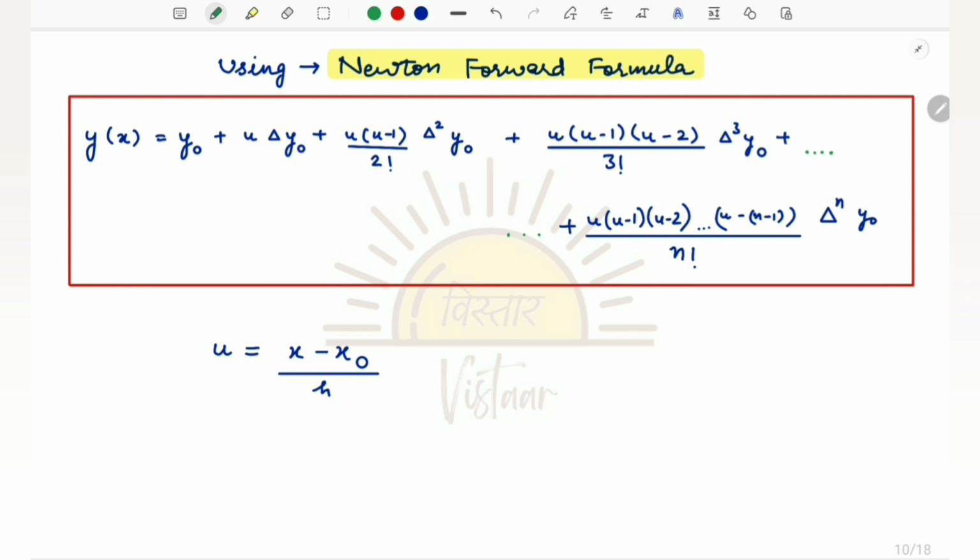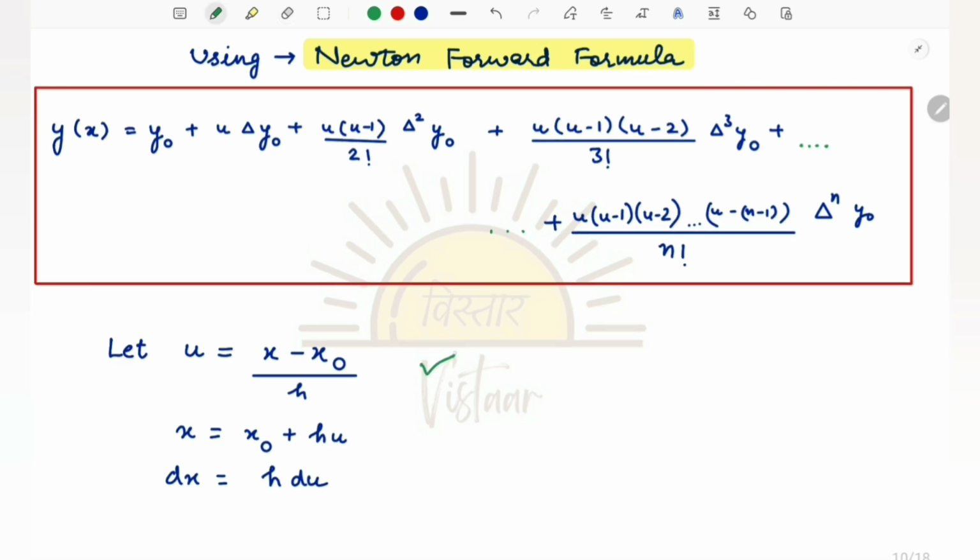Here u is equal to (x minus x0) divided by h. If we rearrange it, then we will get x is equal to x0 plus hu. Differentiating on both sides, we will get dx is equal to h times du. Now we will use this equation to convert the limits of our definite integral into another form.